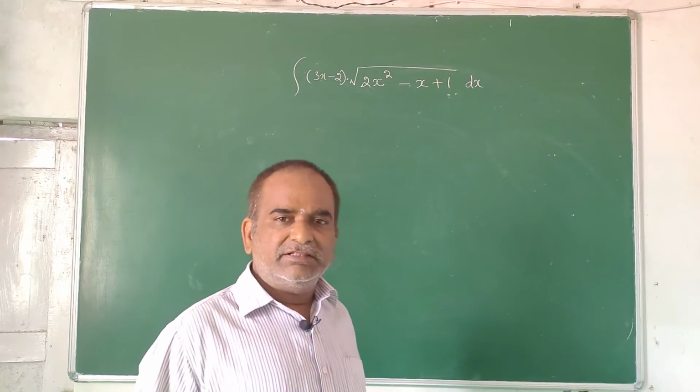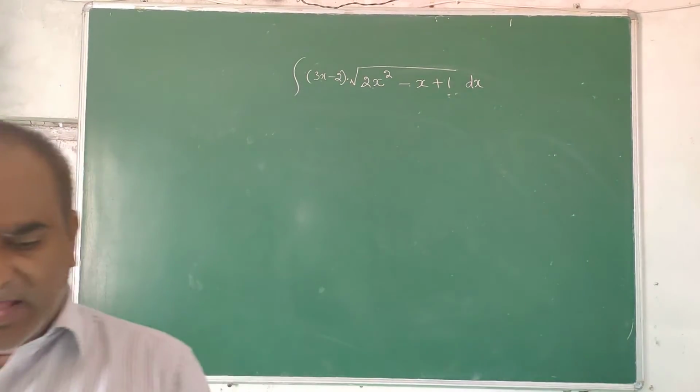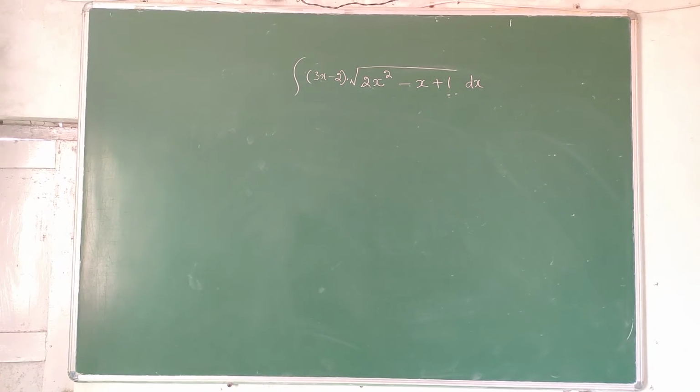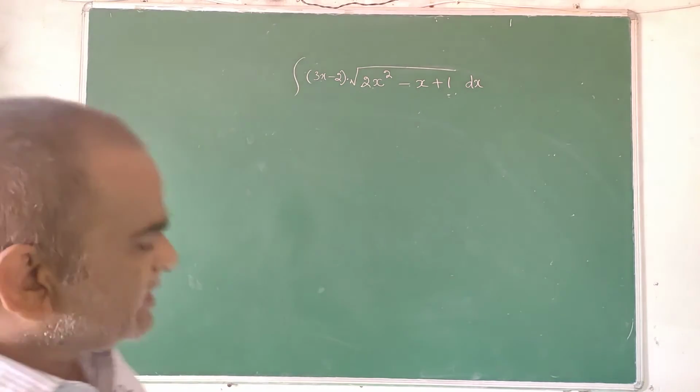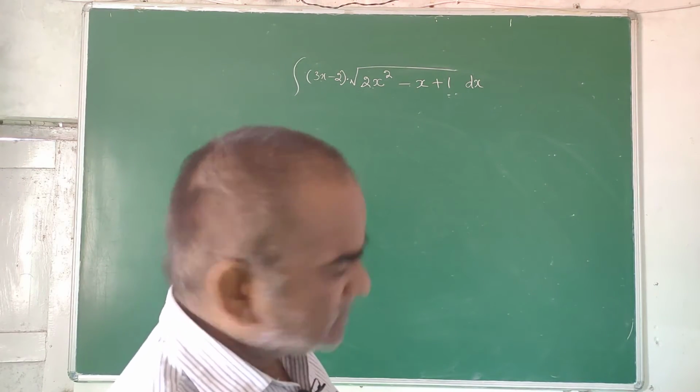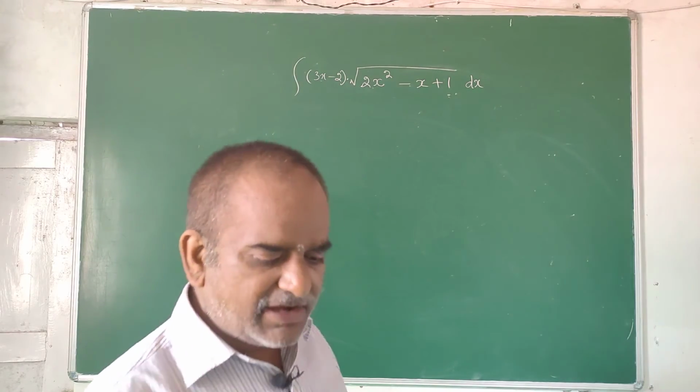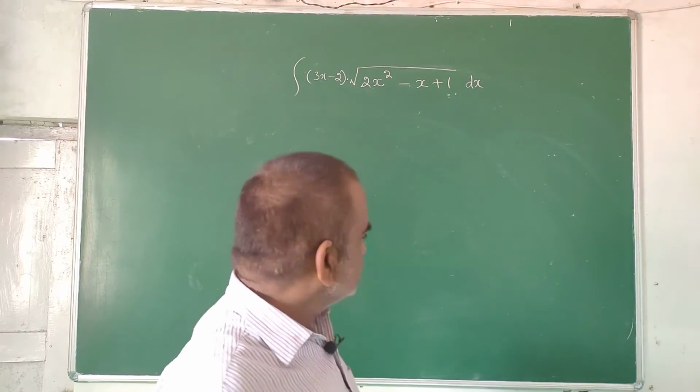So dear students, now we have to evaluate the integral of (3x minus 2) into root over 2x square minus x plus 1 dx.